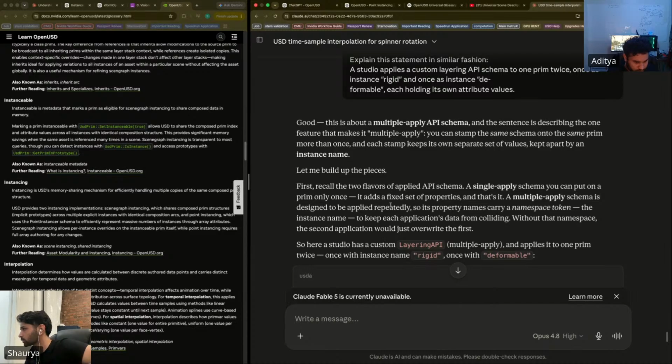A multiple-apply schema is designed to be applied repeatedly, so its property names carry a namespace token, the instance name, to keep each application's data from colliding. Without that namespace, the second application would just override the first.